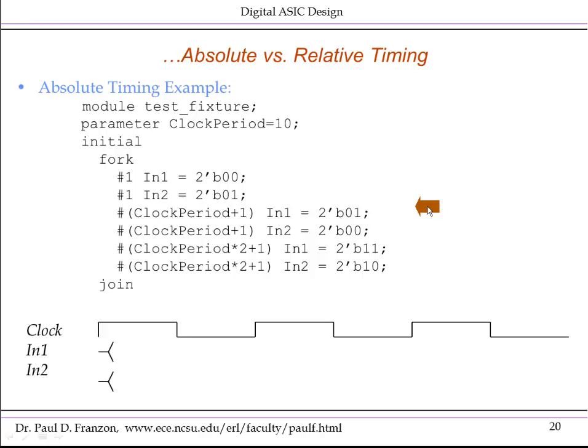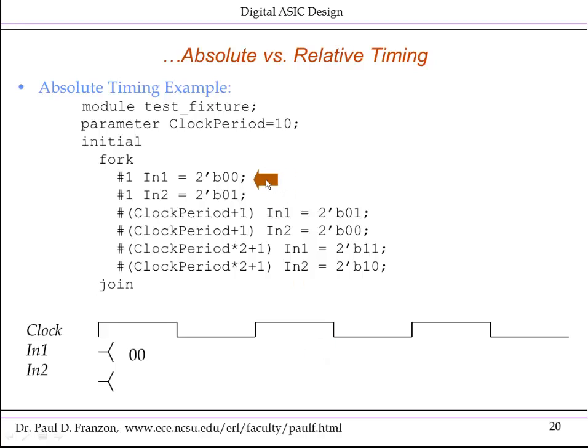Remember, we talked about blocking versus non-blocking assignment for a similar type of purpose in synthesizable code, but fork join is not synthesizable. So that means the delays between the fork and the join don't accumulate. All these are executed in parallel, but because they have different delays, they'll appear in the waveform at different times.